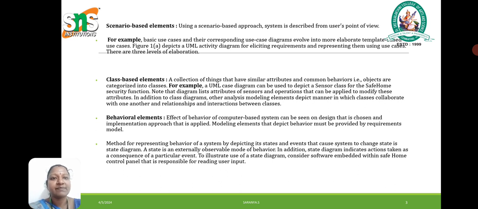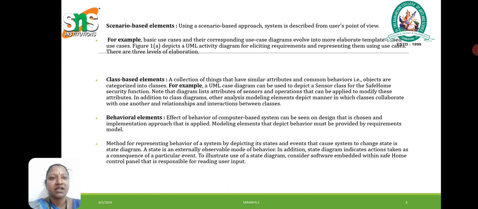Next is class based elements, a collection of things that have similar attributes and common behavior. That is, objects are categorized into classes. Mostly every program or every requirement will be split. Class based elements will be combined together, with things having a collection of characteristics together.